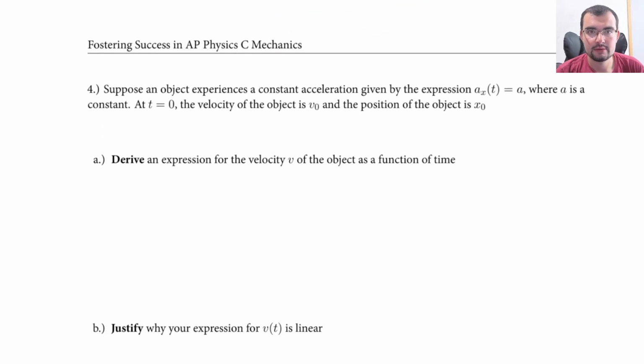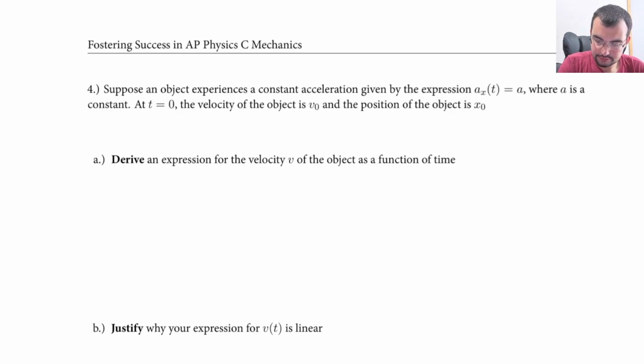Just like we can integrate velocity to get position, we can integrate acceleration to get velocity, and then we could do it again. So we're going to look at a very special case of accelerated motion. That's actually the most common type of motion in this class, where acceleration is just constant.